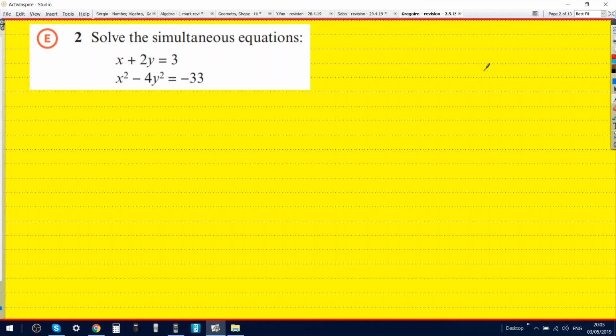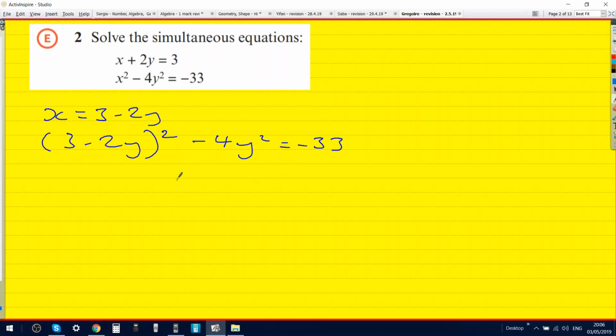Okay, how do we solve this? We can make the top one into terms of x. So x equals 3 minus 2y. Yep. And then we substitute that into x squared. What do you get? So bracket 3 minus 2y close bracket squared minus 4y squared equals minus 33. Yeah.